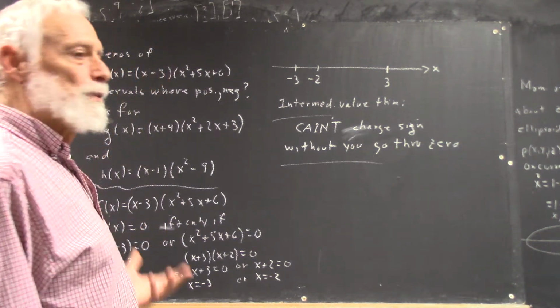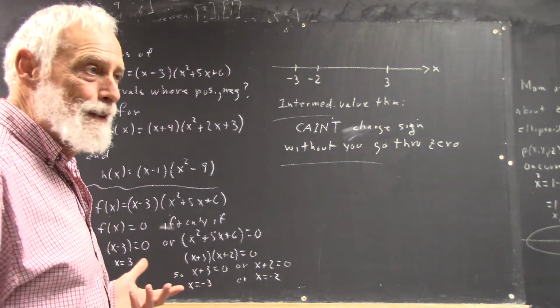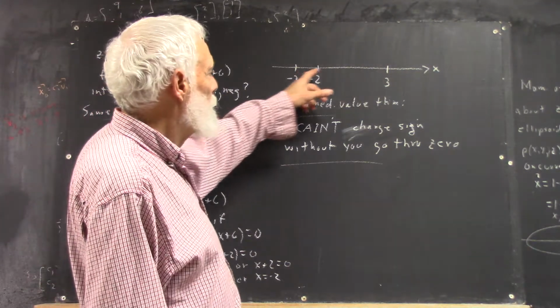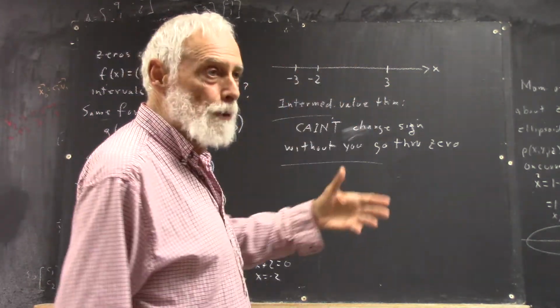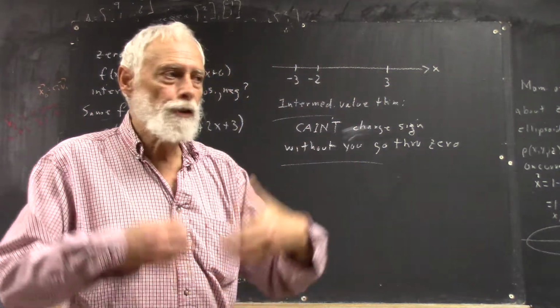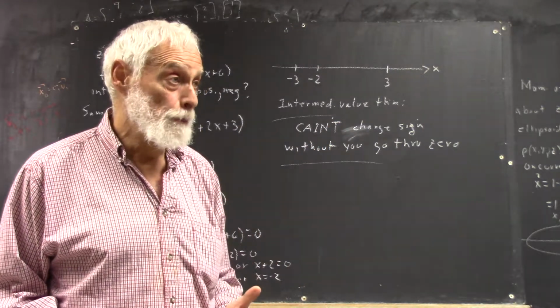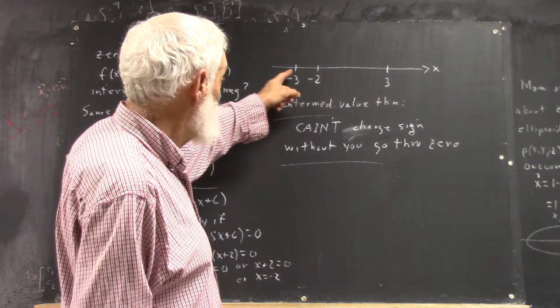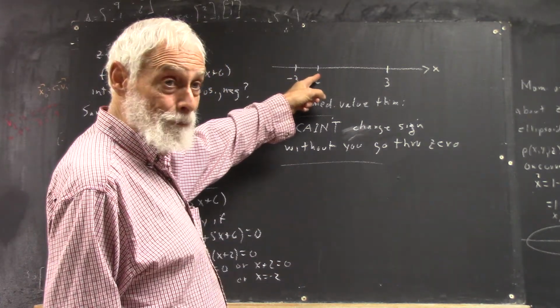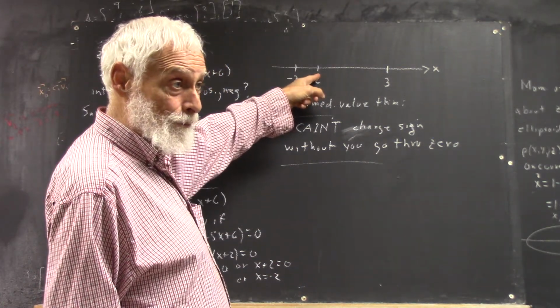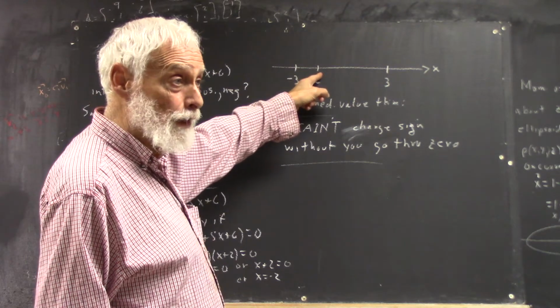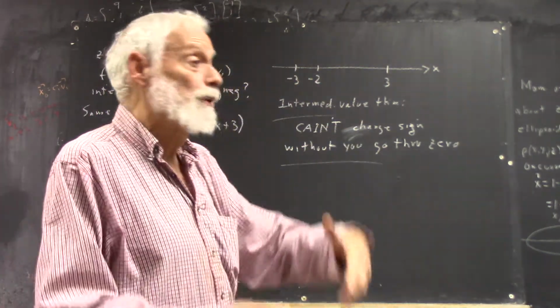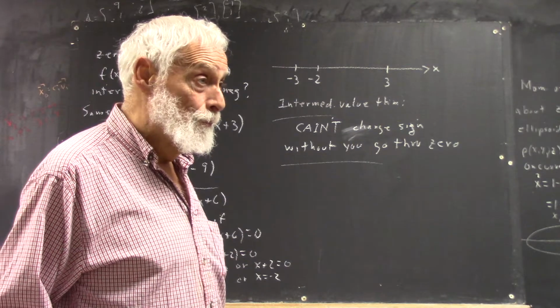Okay, well, what this means is that if you take any number in any of these intervals, you can determine whether the function is positive or negative on the whole interval. Now, that's not what we did last time. Last time we looked at the value here and the value here. We said, well, if it goes from this value to this value, it stays negative all the time, or it stays positive all the time, right?